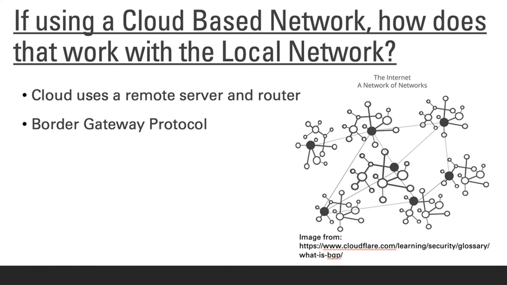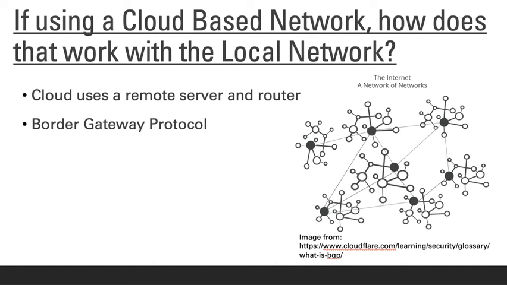If your school is using a cloud-based network, how does that work with the school's local network? We know the school building has a router and a server. The cloud network also has a router and server. Basically, the school or district is renting storage space in the cloud rather than owning a very large server. The way a cloud router works is that it exchanges information from your local network to the virtual cloud using a border gateway protocol.